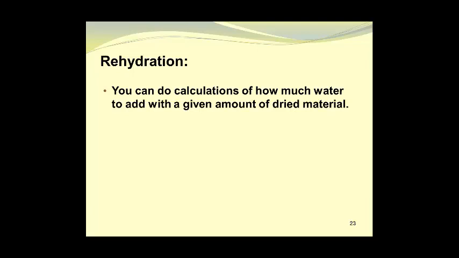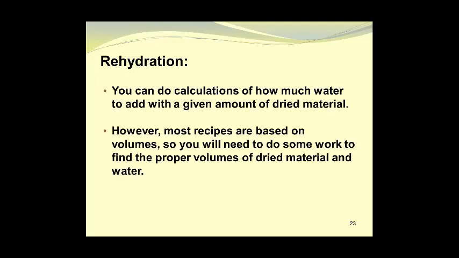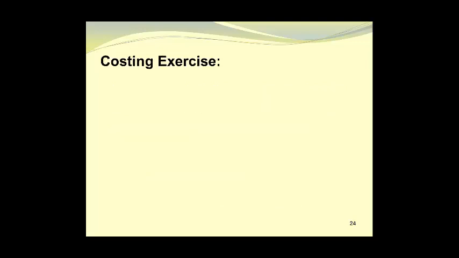You can do calculations of how much water to add with a given amount of dried material. However, most recipes are based on volumes, so you will need to do some work to find the proper volumes of dried material and water. Hot water tends to rehydrate better than cold, so be mindful of this in your recipe recommendations.